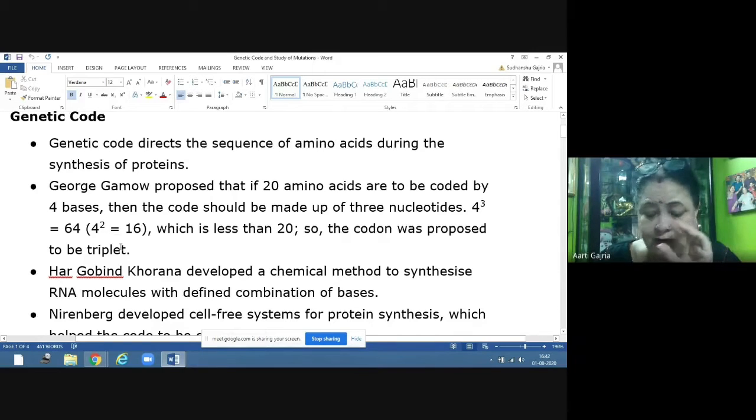Now the amino acids are 20 and genetic codes are forming with the 3 bases, 64. It was very difficult for many scientists to digest, but afterwards with several other experiments it was found to be correct. So the codon was proposed to be a triplet, 3 nucleotides in one genetic code.